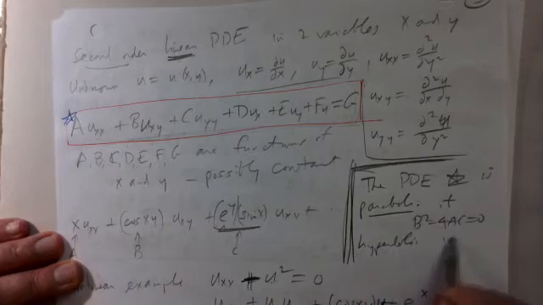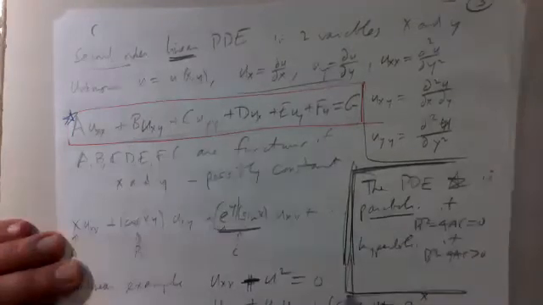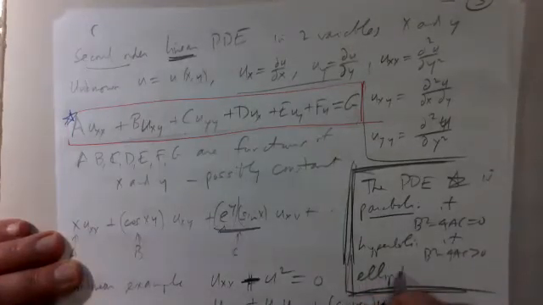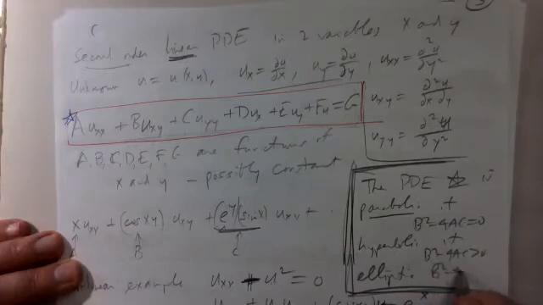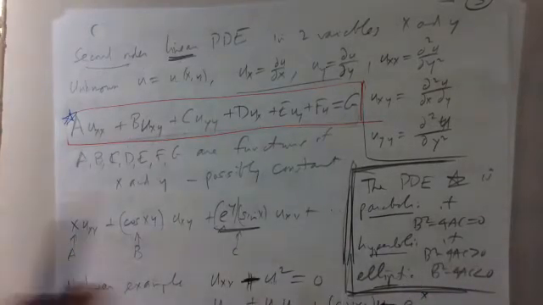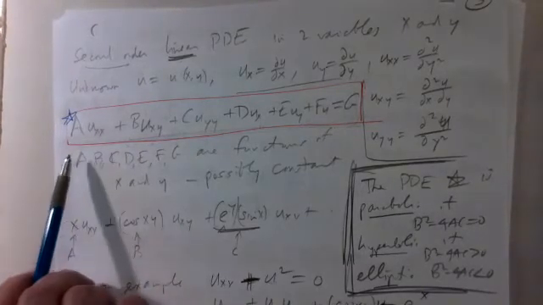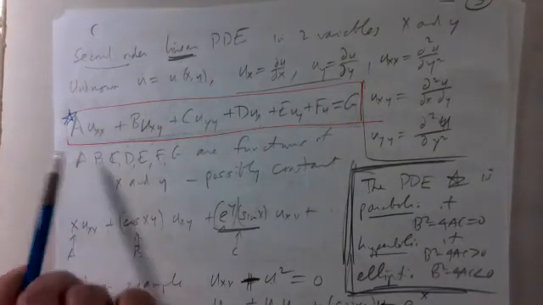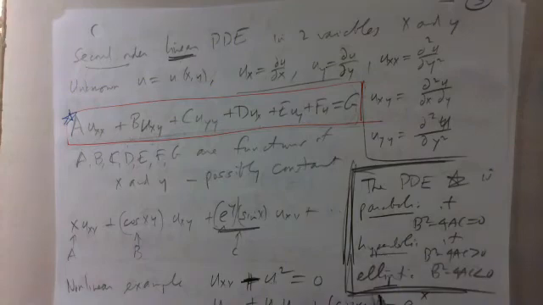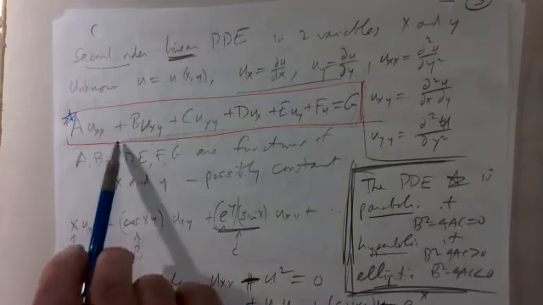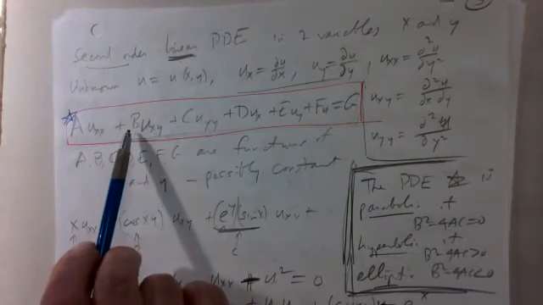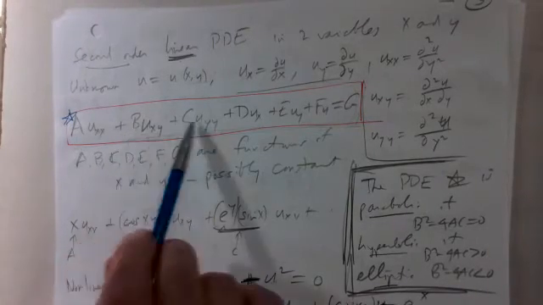It's hyperbolic if b squared minus 4ac is positive, and it's elliptic if b squared minus 4ac is negative. So when we have a second order linear partial differential equation, such equations are divided into three classes. They're called parabolic, hyperbolic, or elliptic, depending on the value of what is called the discriminant, b squared minus 4ac.